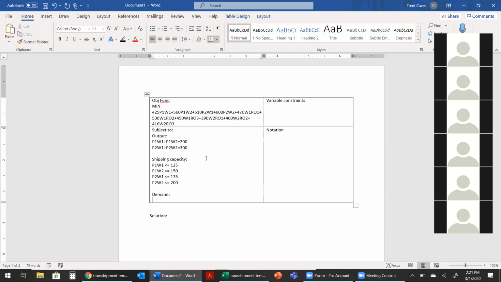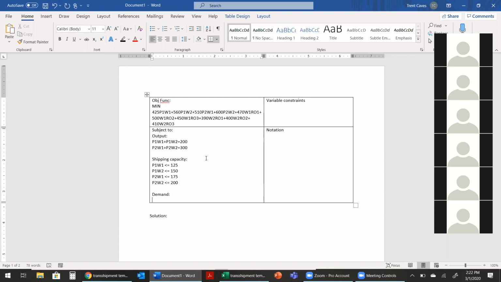So our demand for retail outlet 1 is 150. And where does retail outlet 1 receive its supply? Warehouse 1 and 2.